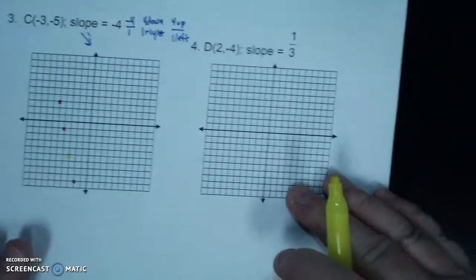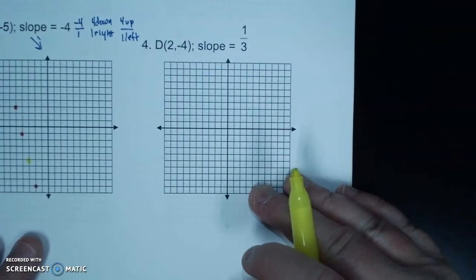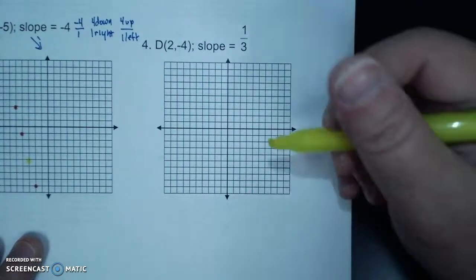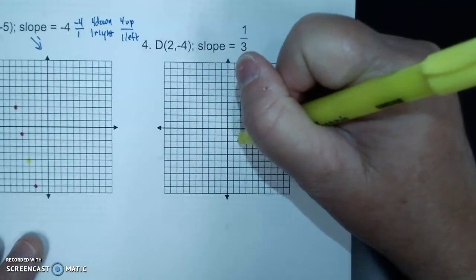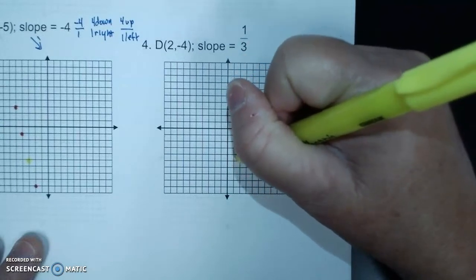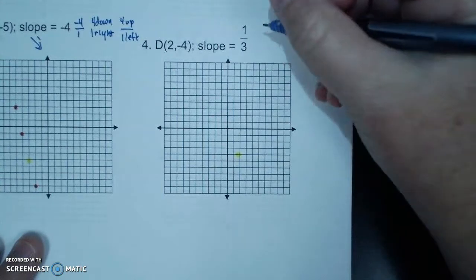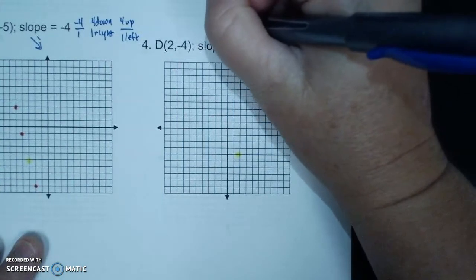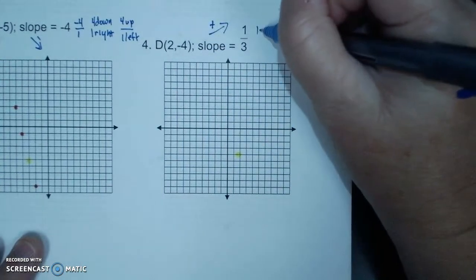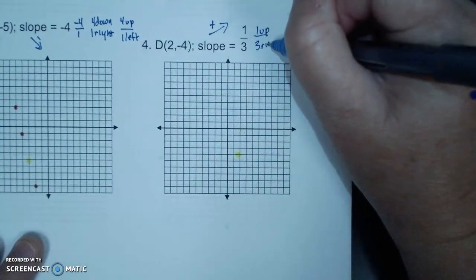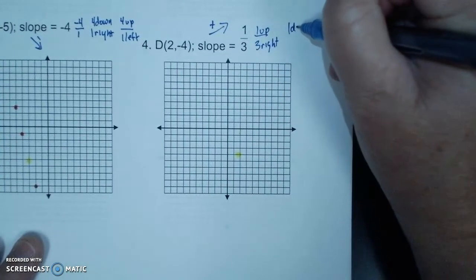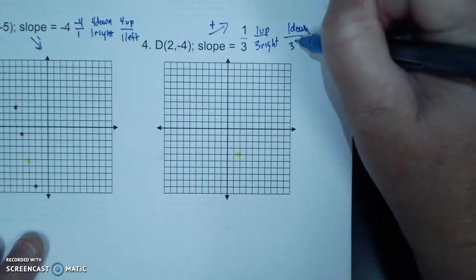The next one, the point is at 2, -4. This is a positive slope, so it's going to be going like that. This is 1 up, 3 right, or 1 down, 3 left.